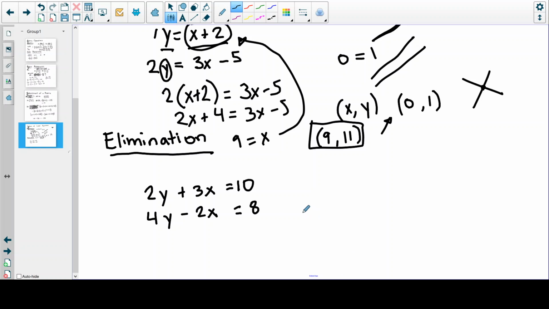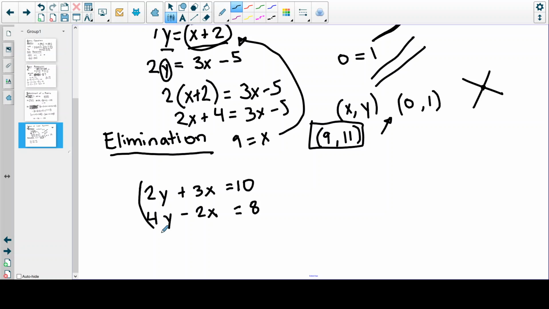Okay, so elimination, this is the other method to use. This is really handy when you have a system that looks similar to this, in that if you multiply or divide it by a certain factor, you get the same value in the other equation. So I'll walk you through what I mean here.